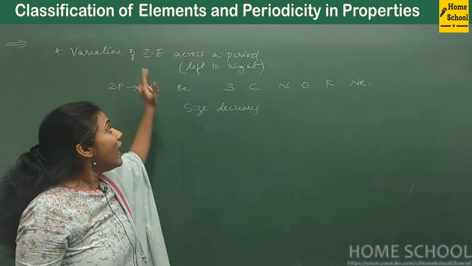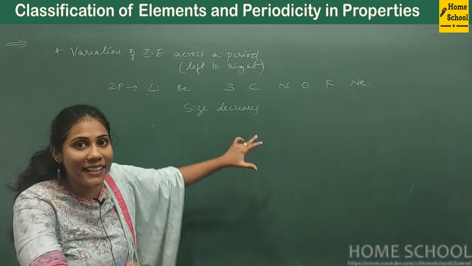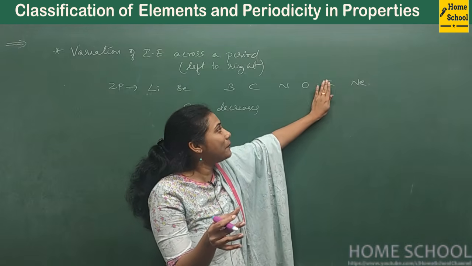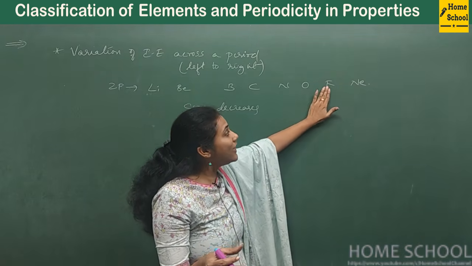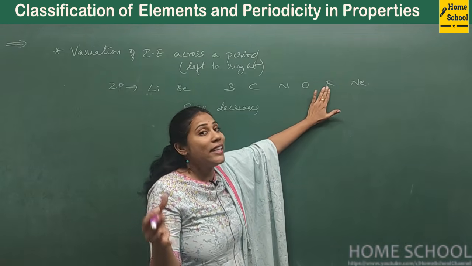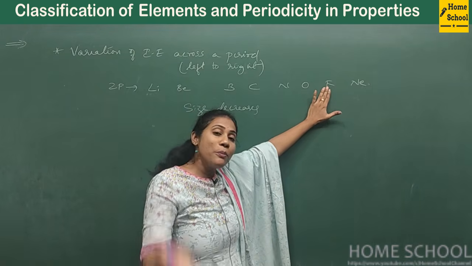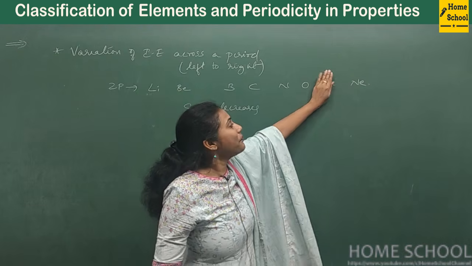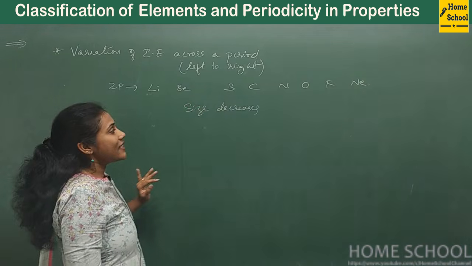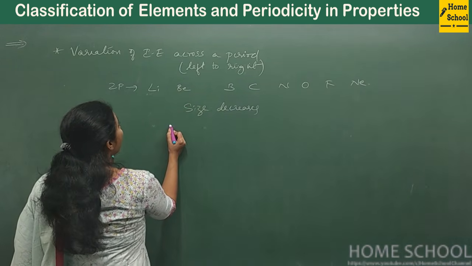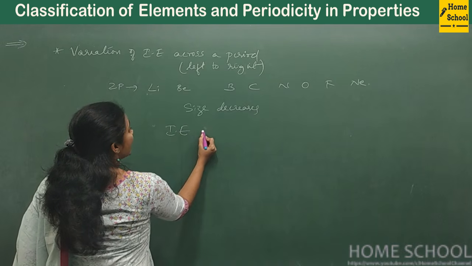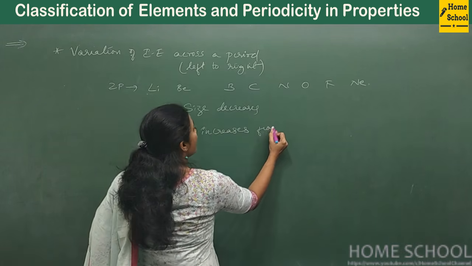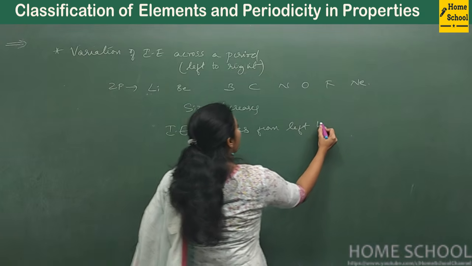Size decreases, our ionization enthalpy increases. Yes or no? The smaller the atom, outermost electrons are more attracted towards the nucleus. It's very difficult to remove that electron, so more energy you have to supply. So smaller the atom, more is the ionization enthalpy. It increases from left to right.